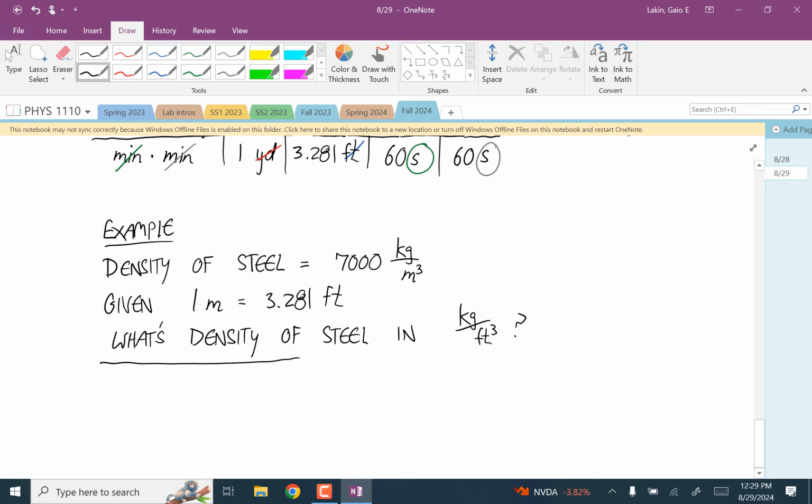Okay, so what that says is if you had a cubic meter of steel, a meter is maybe like this. So if you had a cube block of steel that was this long, that high, and that deep, it would have a mass of about 7,000 kilograms, which comes out to a weight of about 15,000 pounds.